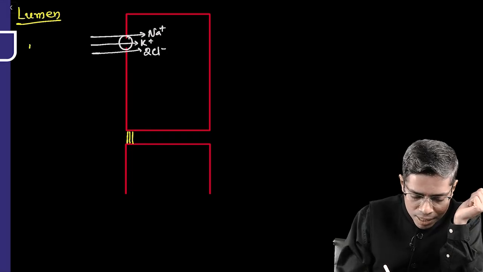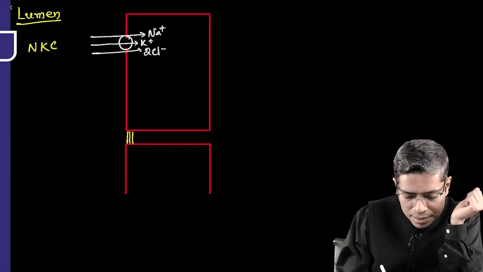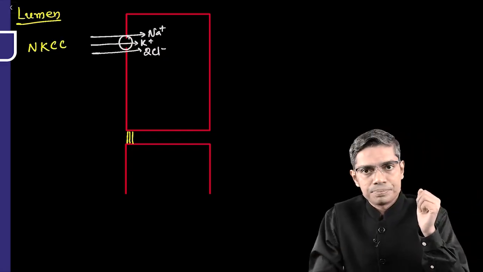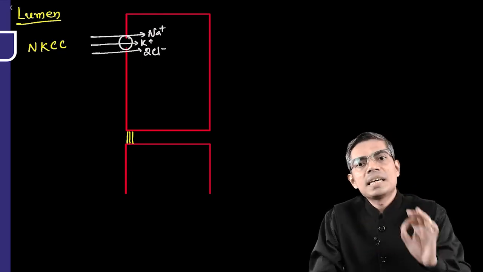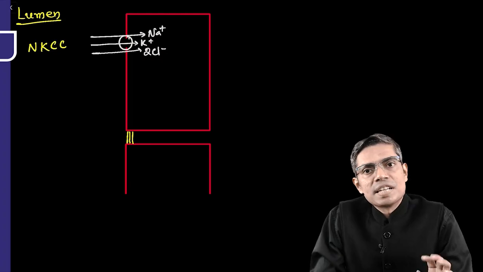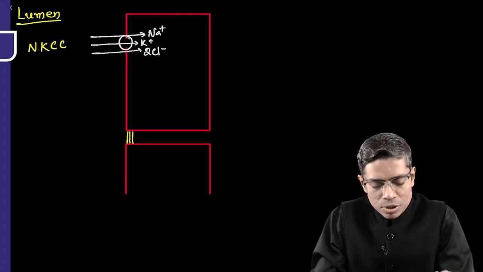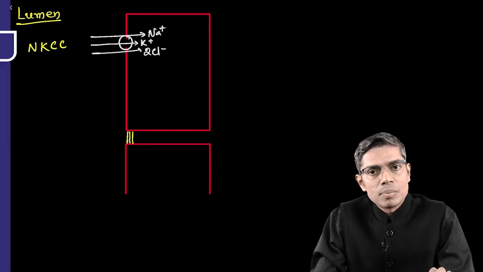Electroneutral transport: one positive plus two negative. So this transporter, which reabsorbs one sodium, one potassium, two chloride, is typically known as the NKCC transporter, the sodium potassium 2 chloride channel, which reabsorbs sodium, potassium and 2 chloride.